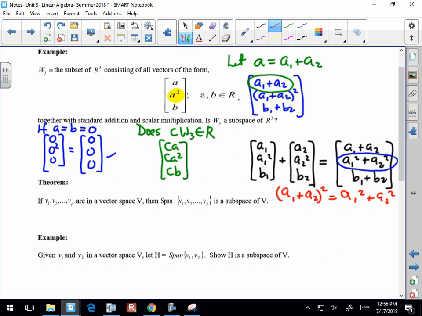So you may think that these are equivalent, but they're not. All right, and that's because, in order to actually get this, you'd have to distribute it out. You'd have an inner term. You'd have a 2A1A2, which would make this not equivalent to that. So therefore, W3 is not a subspace of R3.